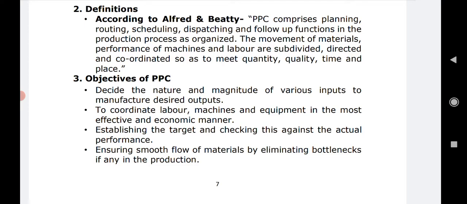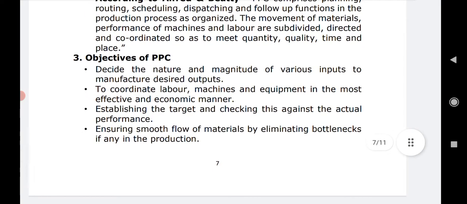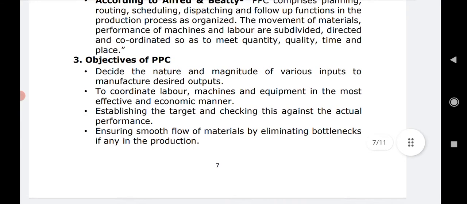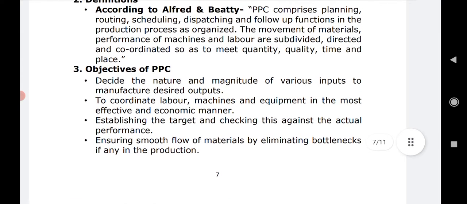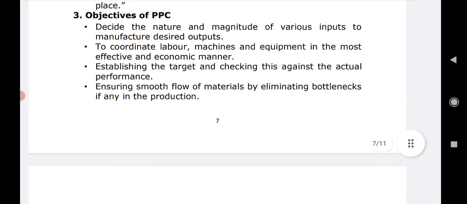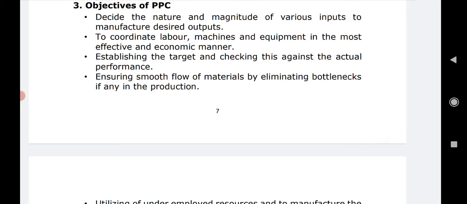When we make the arrangements and check everything related to materials, machines, labor and their activities, direct them, coordinate, and meet the quantity and quality, time and place, then that function becomes the PPC function. So it is a very wide function consisting of so many activities together.